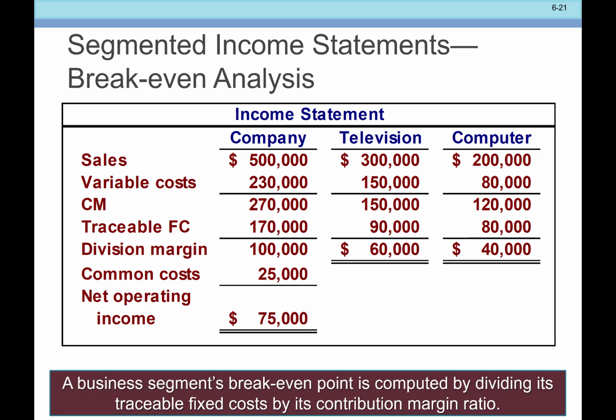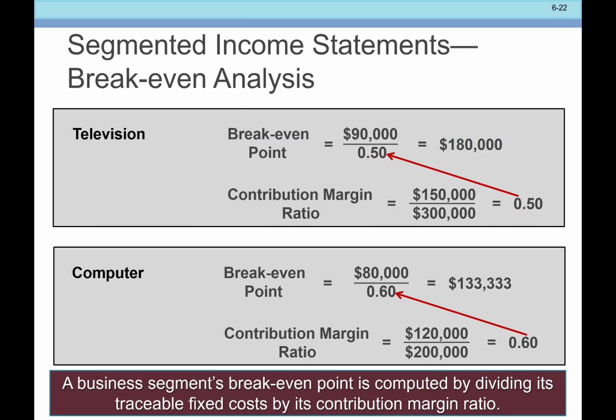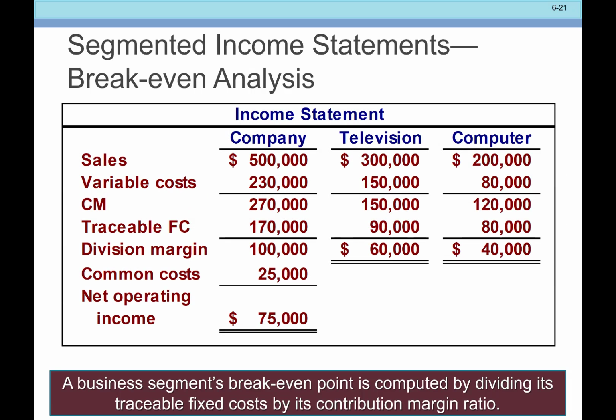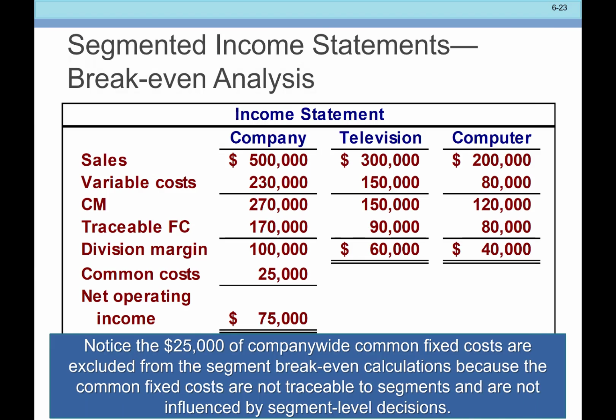And then for the computer, it's going to be 120 divided by 200. That gives us our contribution margin ratio for each one of those. And then we divide that into only the traceable cost, only these traceable costs, in order to determine the break even of the two divisions separately.